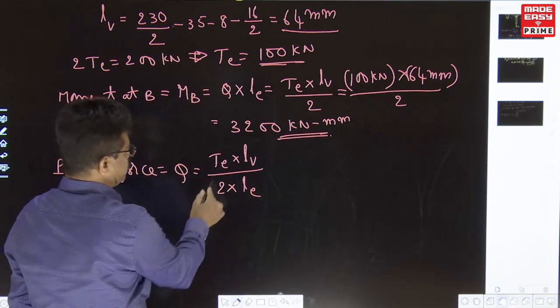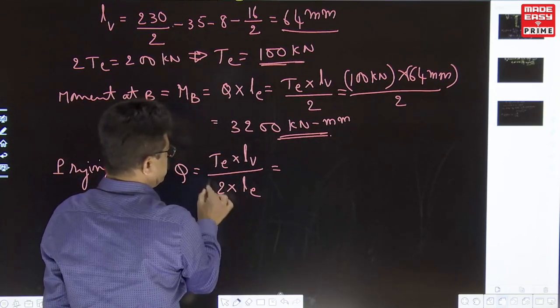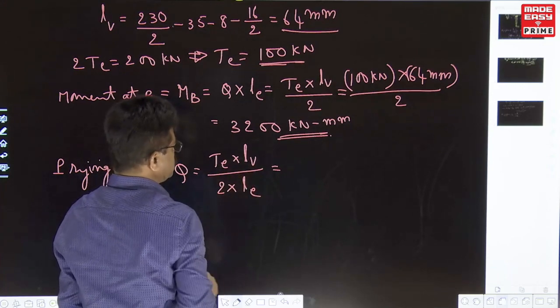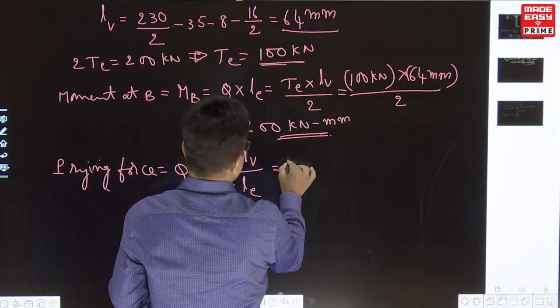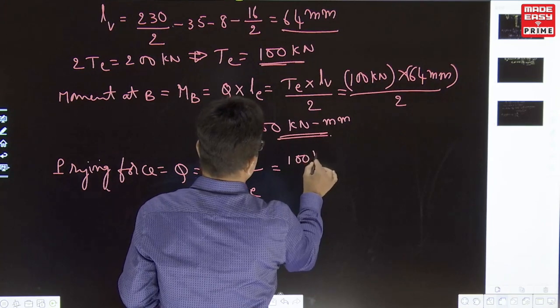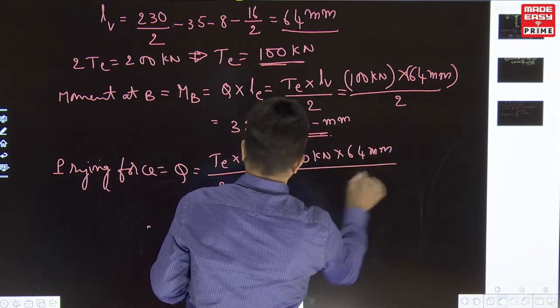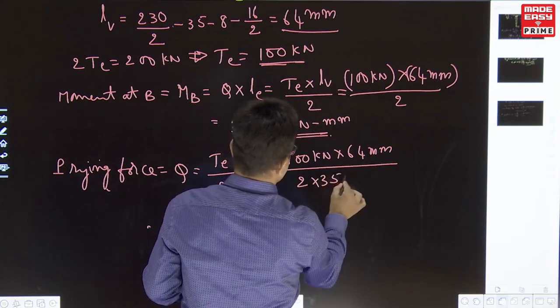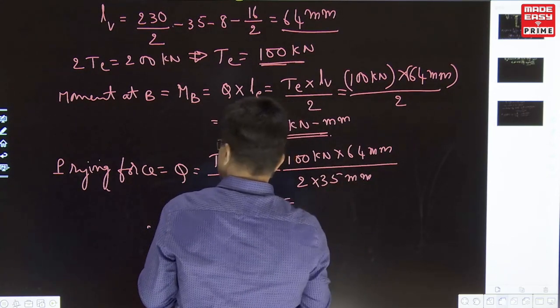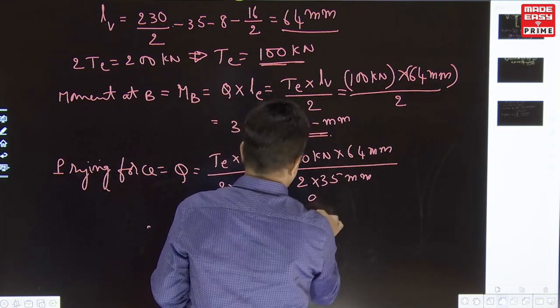This is an approximation formula. You are expected to remember this. We cannot derive it again. First of all, there is no way we will derive it. TE is 100 kilonewton, LV is 64 mm, by 2 into LE, which is 35 mm. So you will get a prying force of 91.4 kilonewton.